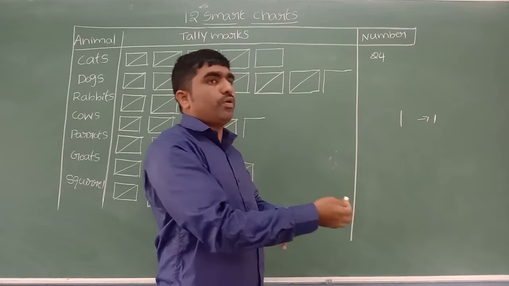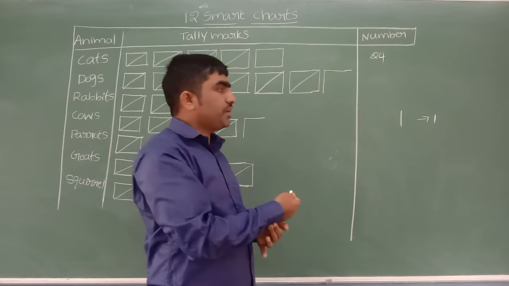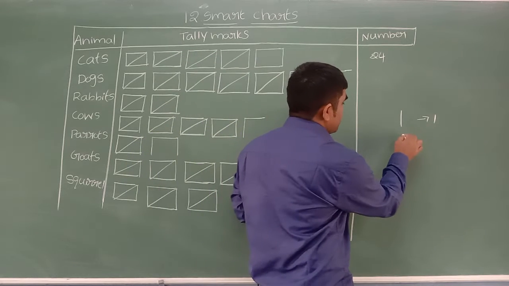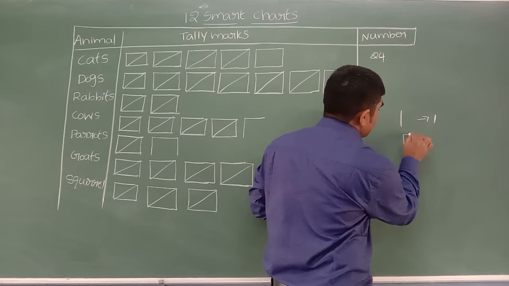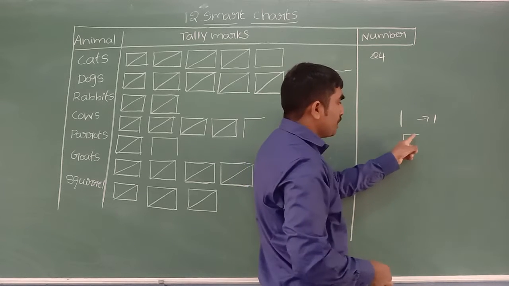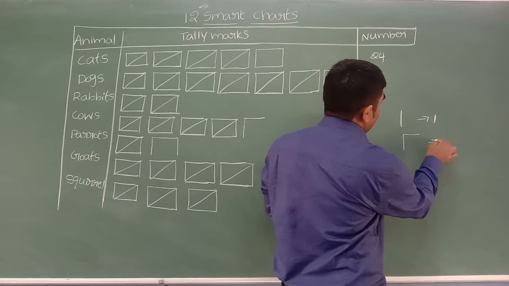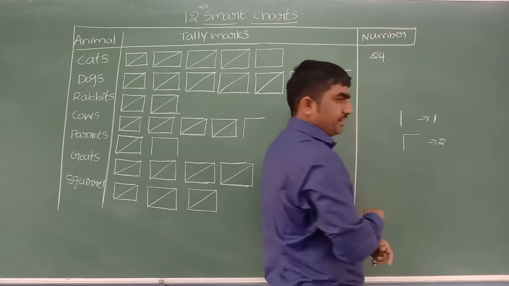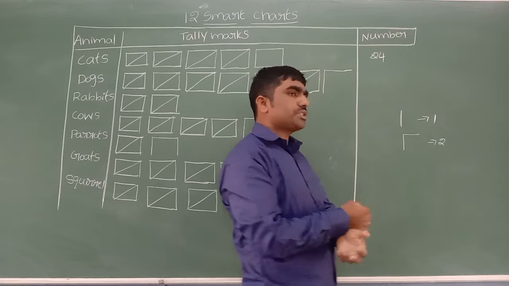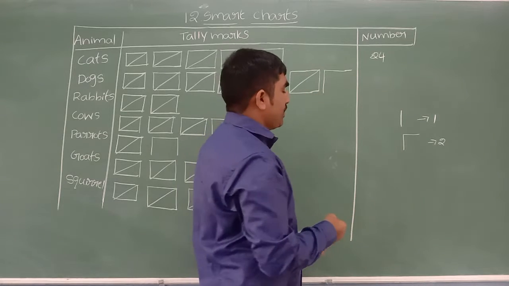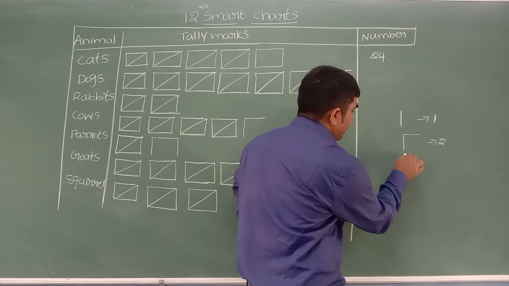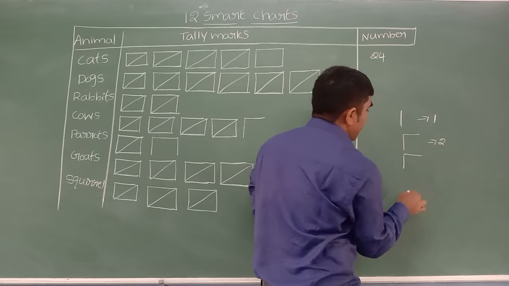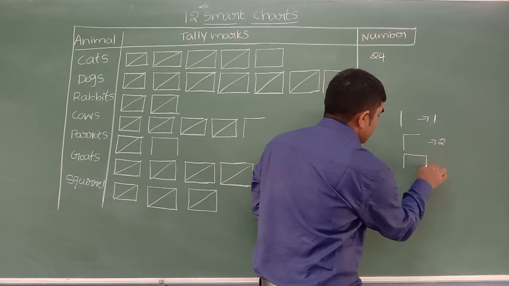Suppose one more student said cat is their favorite animal. So again one symbol, she will take one horizontal line. It means two students have cat as their pet animal. If a third student also said cat is the favorite animal, she takes one more vertical line: one cat, two cats, three cats.